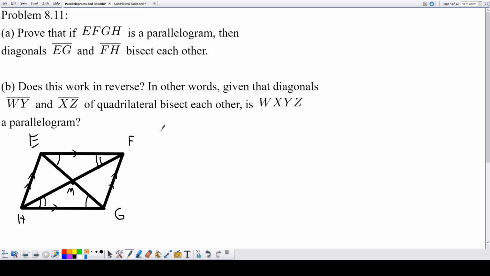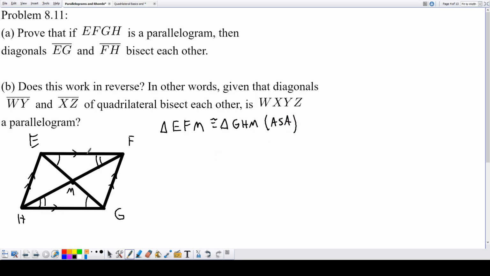So, triangle EFM is congruent to triangle GHM, and that's angle, side, angle.